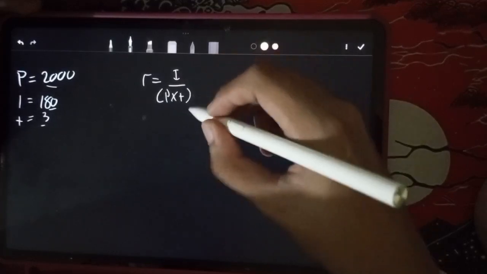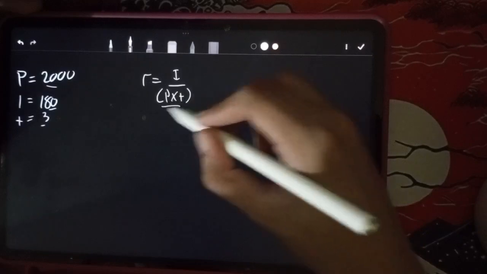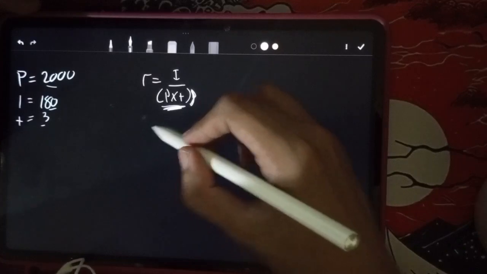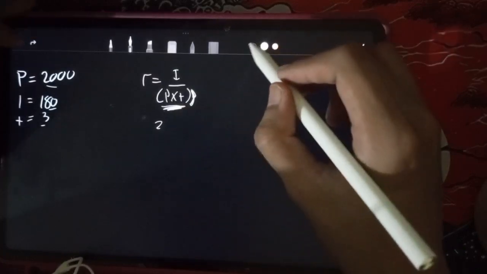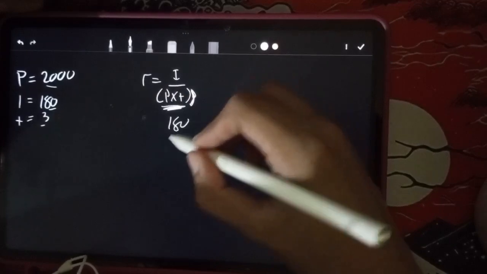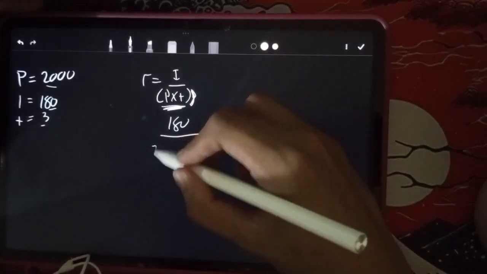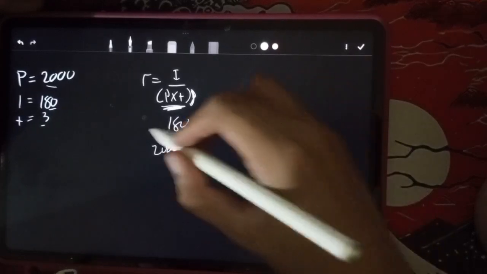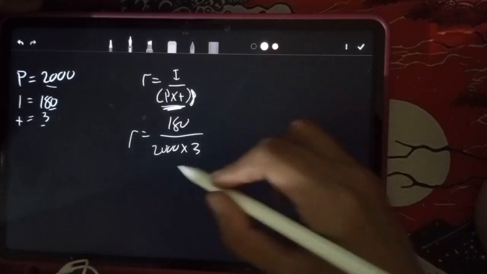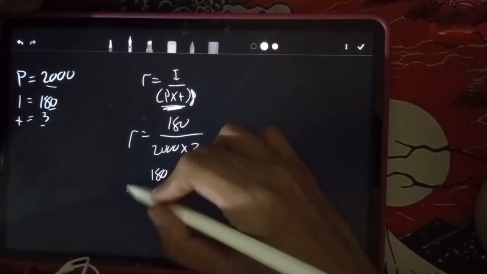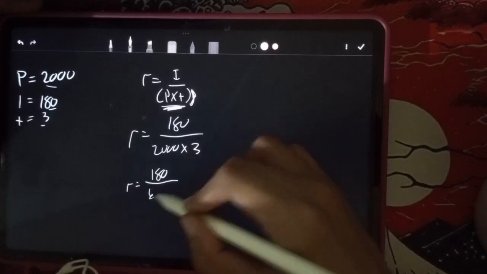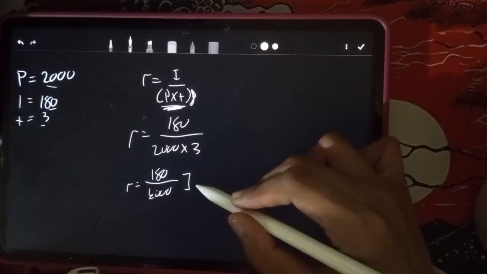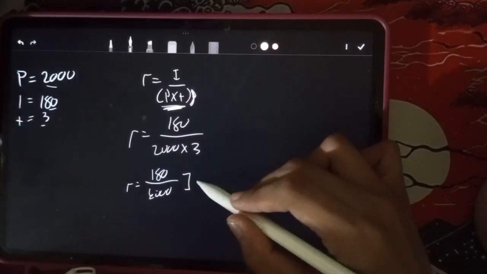So R is equal to I divided by P times T. We multiply the parentheses first: 2,000 times 3 is 6,000.